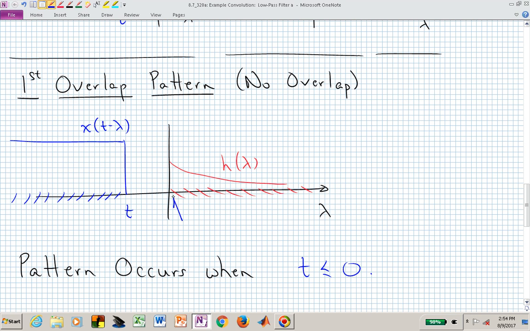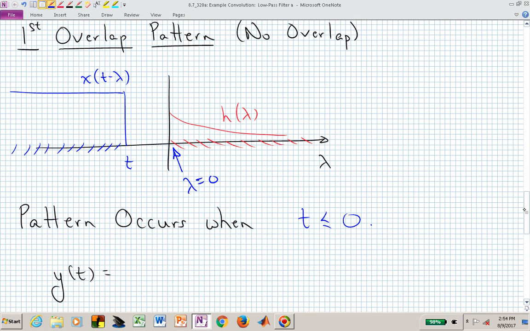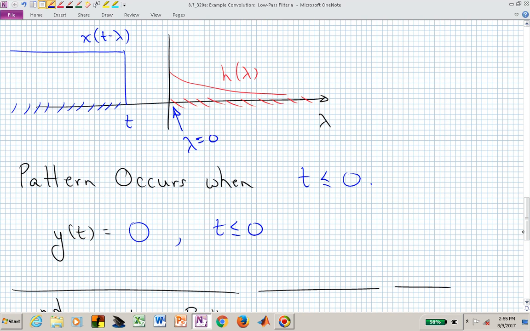This is our lambda equal to 0 point, and as long as t stays to the left of that, or as long as t is less than or equal to 0, we will have this overlap pattern, which is no overlap between x and h. Since their product would be 0 for all lambda in this overlap pattern, the integrand is 0. We integrate 0 and we get nothing. For that reason, we have y of t equal to 0 for t less than or equal to 0.